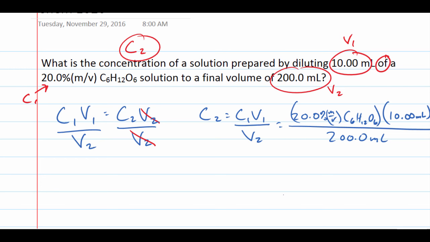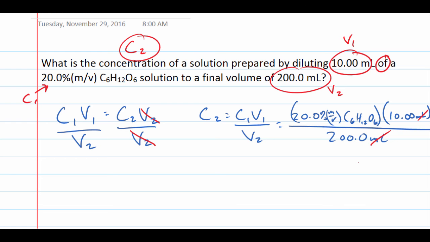Now the other beauty of the dilution formula is this. We do not need to convert our units as long as the units in the numerator and denominator are the same. So this one here being in milliliters is fine because milliliters over milliliters will cancel out. And then to calculate the answer, looks like we're going to take 20 times 10, and we'll divide that by 200.